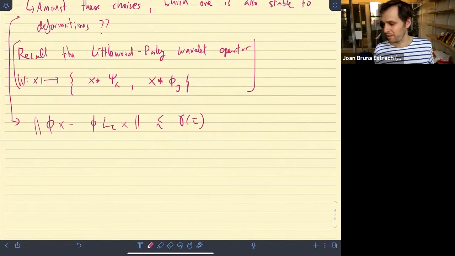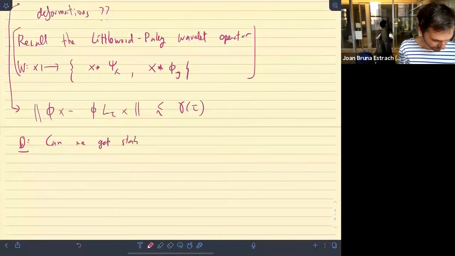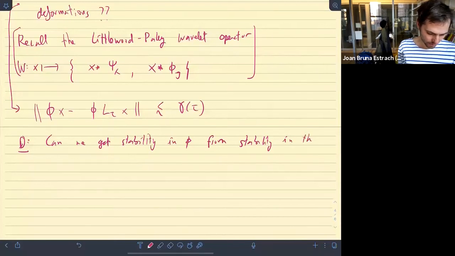That's the question we are going to use here, and I want to convince you that that's the case. So the question is, can we get stability in the representation from stability in the components?